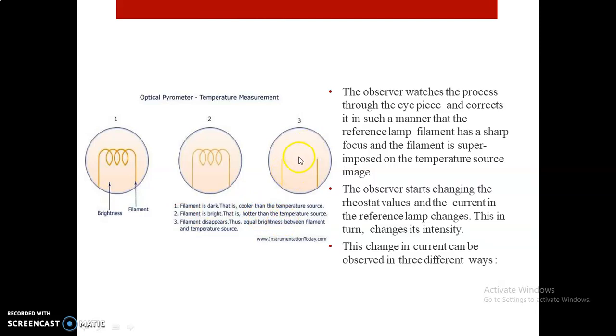Then here the filament disappears, which means the brightness of the filament and the temperature source match. Through the eyepiece, the observer can watch the process and adjust it in such a manner that the reference lamp filament has a sharp focus and is superimposed on the temperature source image. So from these observations, we can understand the temperature range of the pyrometer.